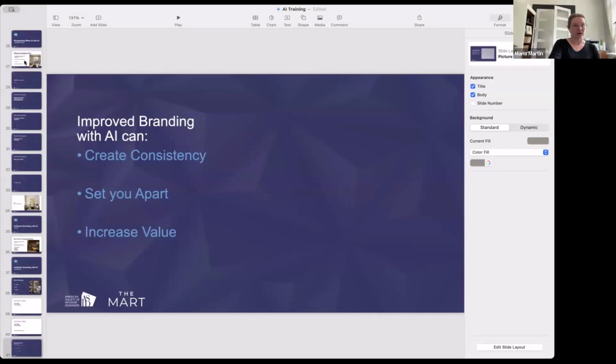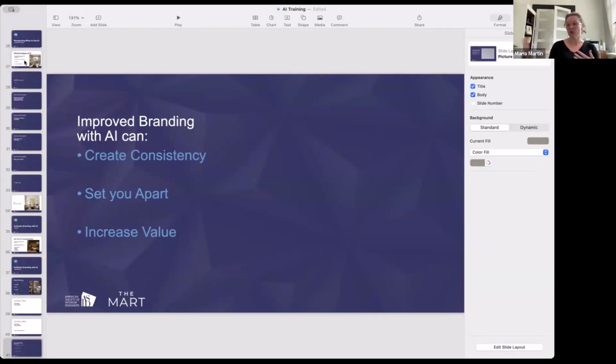So with AI, what we're wanting to do is create that consistency. We are actually wanting your business to set itself apart from just average every day. We want in every way for you to be presenting an increased value, right?